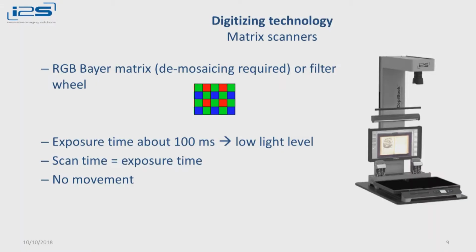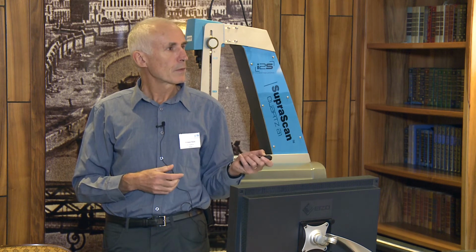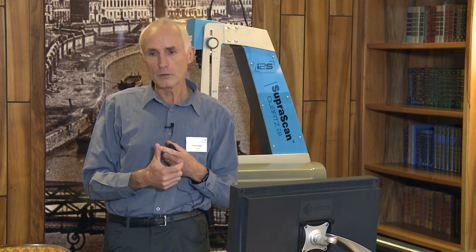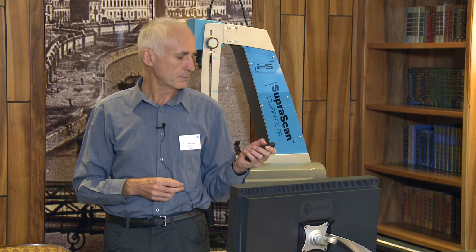That means it is very fast. It means the document has no time to move, and you can be productive. You can scan very fast with this kind of scanner. And there is no movement in the cameras. That means scanners will usually be smaller, cheaper, easier to move, and more convenient.